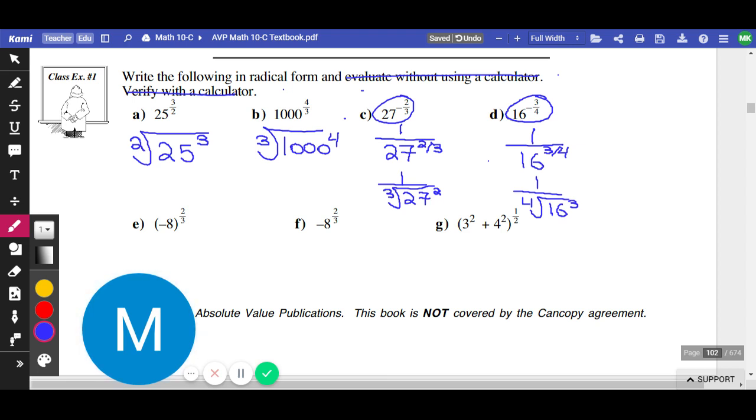E. If I'm looking at that guy, I don't have a negative exponent. I have a negative base. Negative bases are okay. That's all right with us. So we just need to convert this into radical form. The bottom number becomes the index. The base is still -8 because it was in brackets. And then squared.